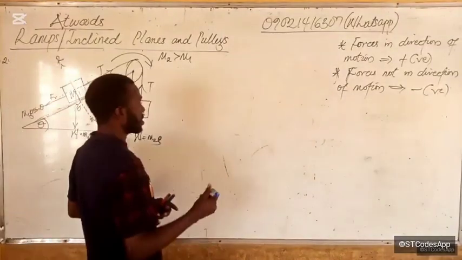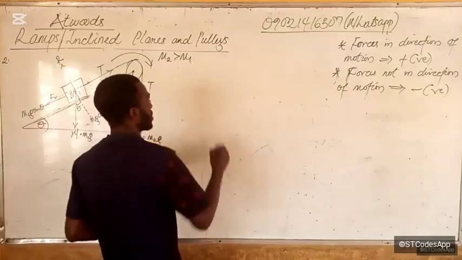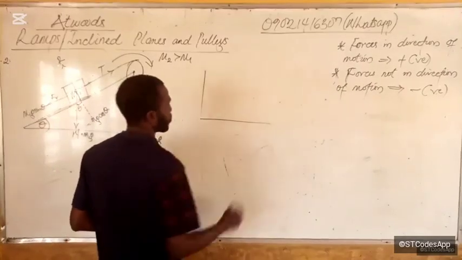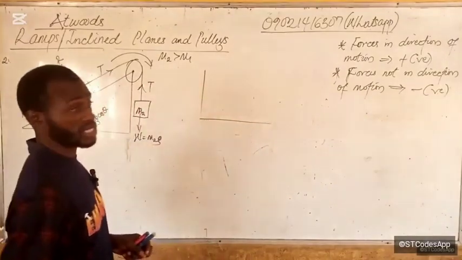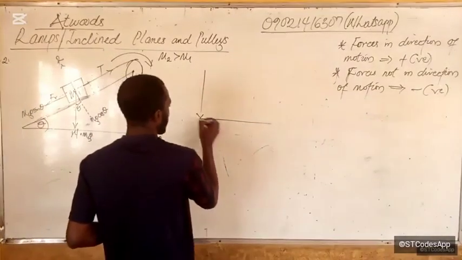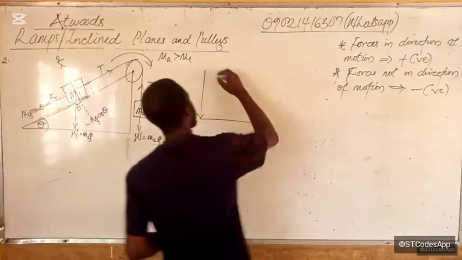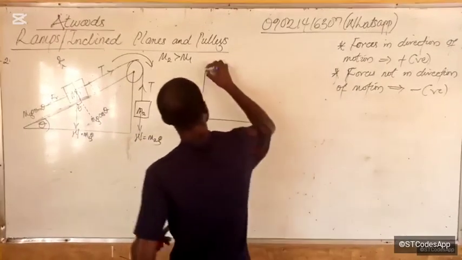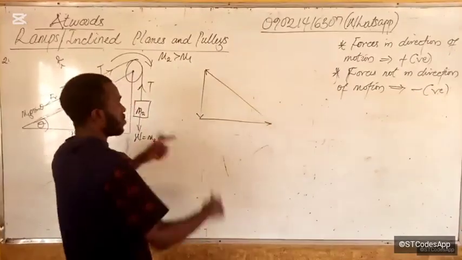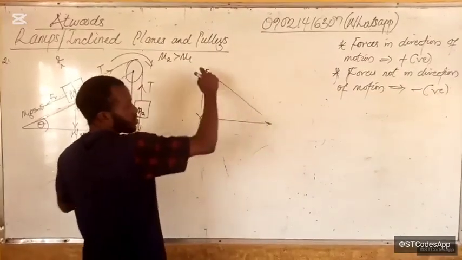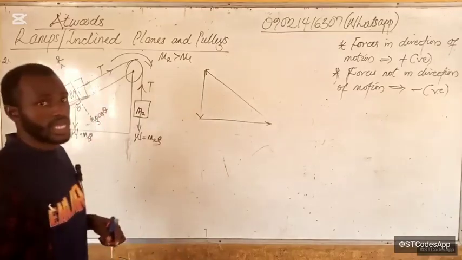So remember that the triangular law of vectors says that the two sides of the triangle represent the magnitude and direction. So let's say this guy was moving in this direction, this guy was moving in this direction. If they are moving in the same direction, the resultant is the diagonal in the opposite direction to which both of them are moving. If they are moving in opposite directions, then you can draw the resultant force arbitrarily. I hope that makes sense to you.